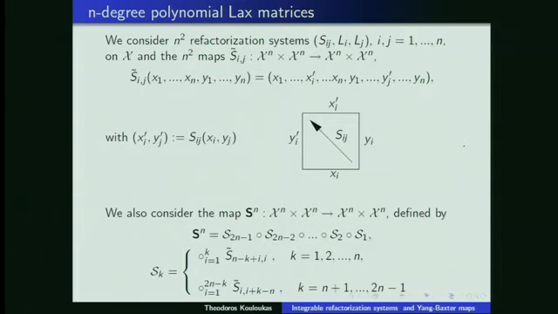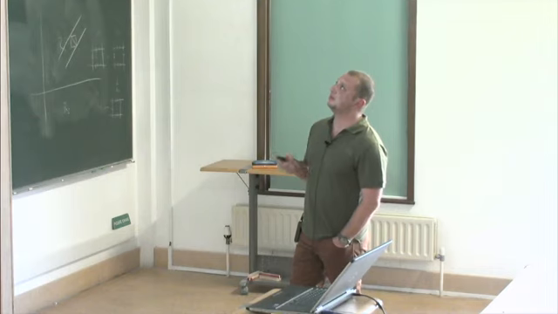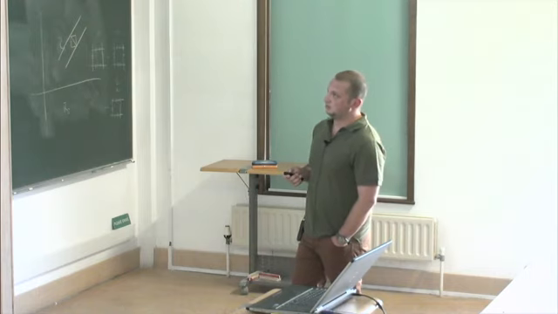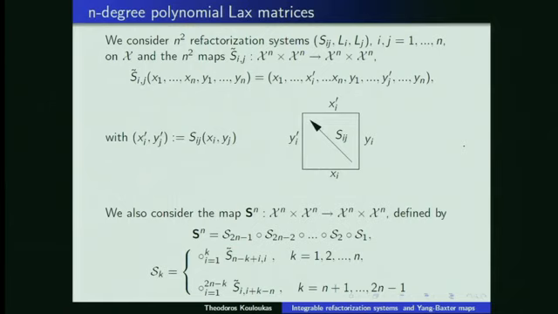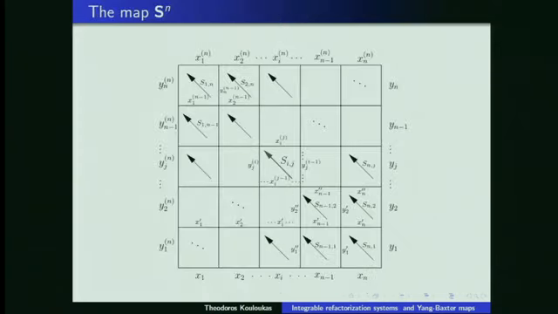we consider n to the square refactorization systems, Sij, with Lax pairs Li and Lj respectively. And we can also consider this map here on Xn, on the Cartesian product Xn with Xn, that is defined by this composition of the maps here, but it is better, I think, to understand this map here.